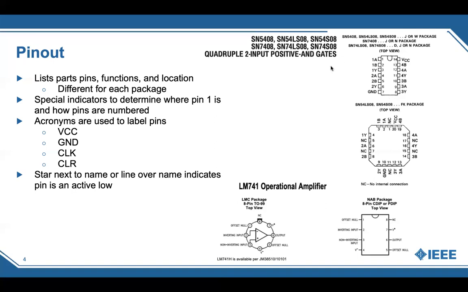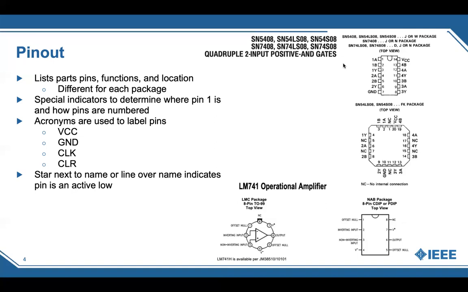Now each one of these pins are typically labeled with acronyms, some of them being VCC, which is your power, GND, which is your ground. Some other things you can see are CLK and CLR, which is your clock and your clear. But in this case, we can see that this one has inputs like 1A, 1B, and 1Y.